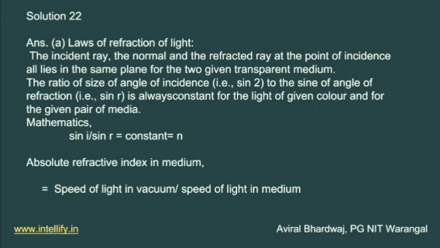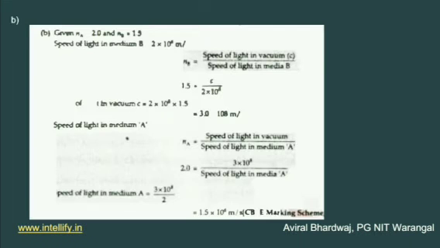Also, the ratio of the sine of the angle of incidence to the sine of the angle of refraction is always constant for the given pair of media. The mathematical expression is sin i by sin r equal to constant, equal to n. n is a constant. The absolute refractive index of a medium is the speed of light in vacuum divided by the speed of light in the medium.